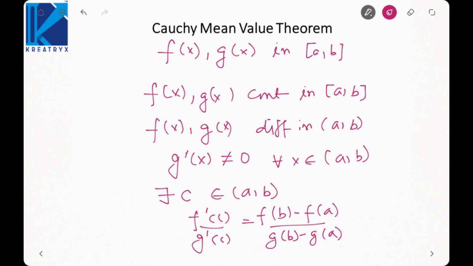So Cauchy's mean value theorem gives me additional information that f dash and g dash are taken at exactly the same point. Now as you can see, g dash is appearing in the denominator. It is necessary to have a condition that this must be non-zero, otherwise their ratio will become infinite. That means g must be either strictly increasing or strictly decreasing in a to b. Its derivative can never be 0 in such an interval.